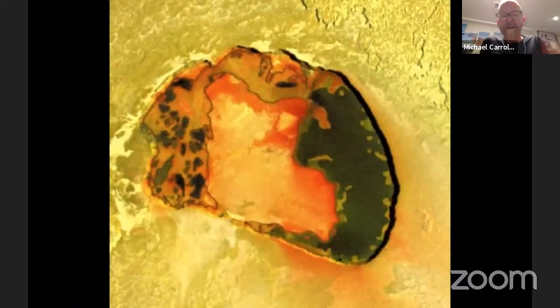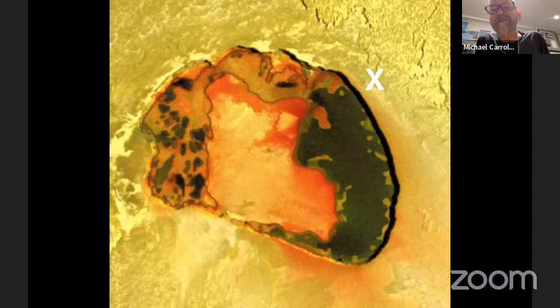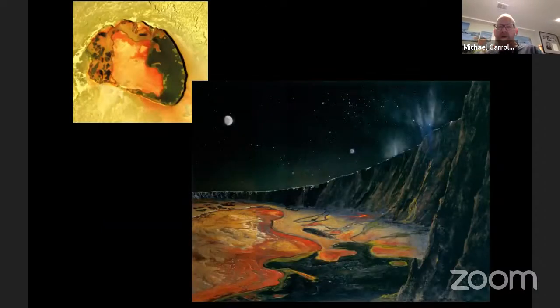Here is a place called Tupan Caldera. It was named after the Brazilian thunder god. And if we place ourselves right here and look across this vast caldera, this is my version of what it would probably look like. That's Europa to the left and Ganymede to the right.